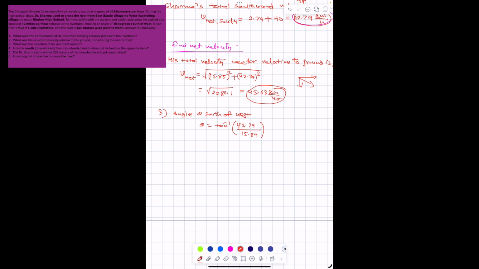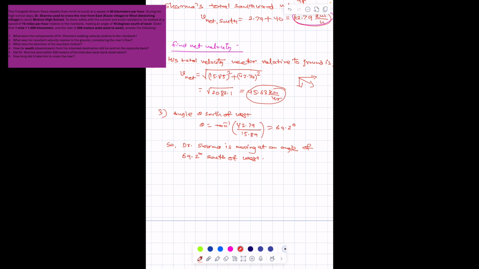If you do that calculation, you will get around 69.2 degrees. So Dr. Sharma is moving at an angle of 69.2 degree south of west. Fine.